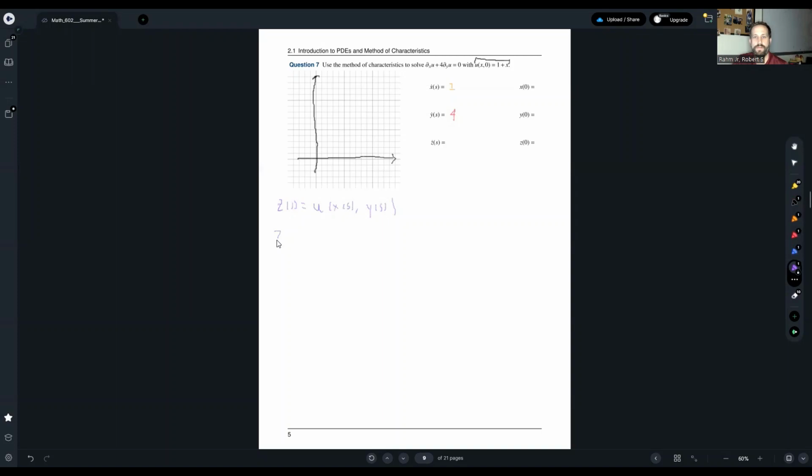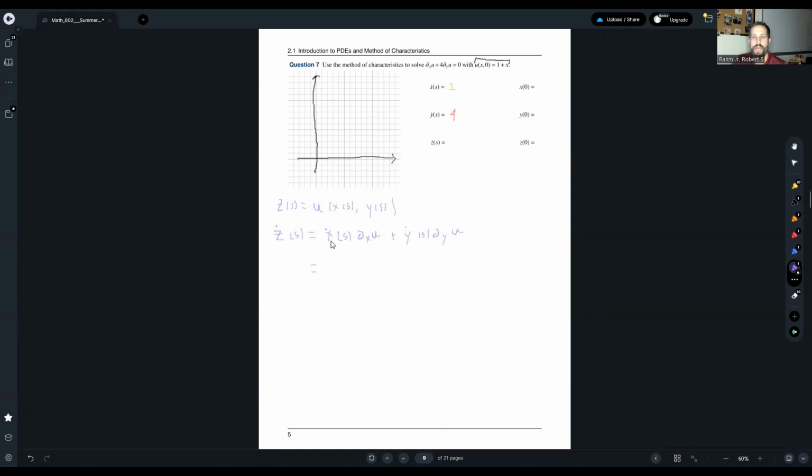And so z dot of s, using the multidimensional chain rule, is going to be x dot of s times the partial derivative of u with respect to x plus y dot of s times the partial derivative of u with respect to y.